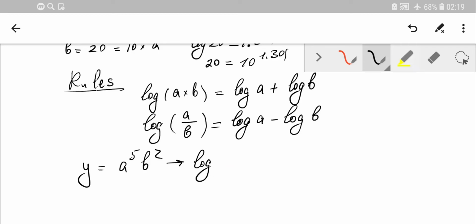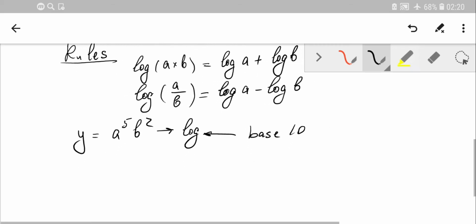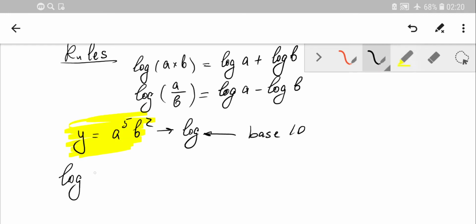So that's log with the base 10. And we just simply need to write this into logarithmic form. Okay, so for both sides, we just apply log with the base 10, and we'll get the following: log of a^5 and b squared.